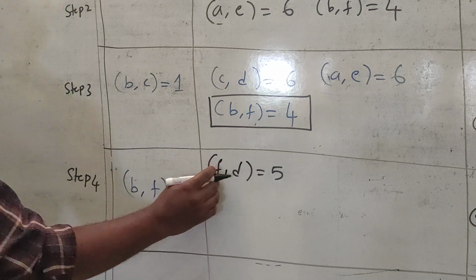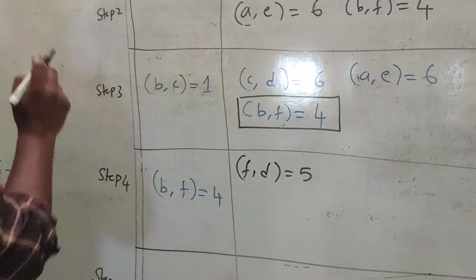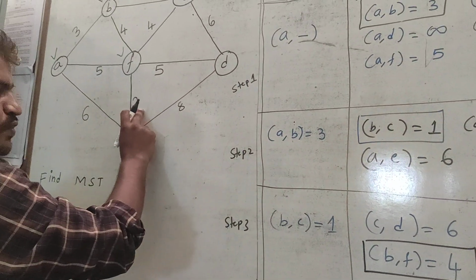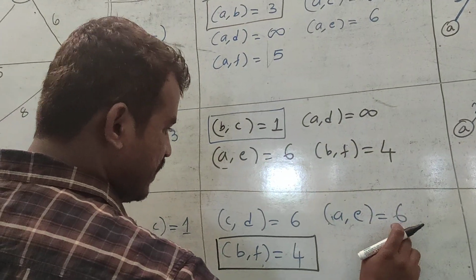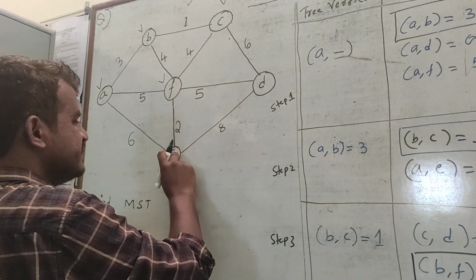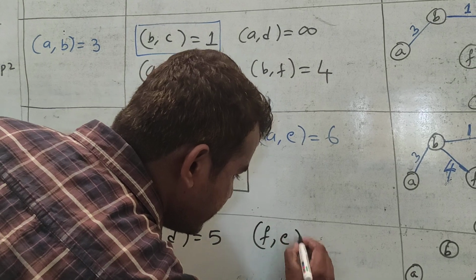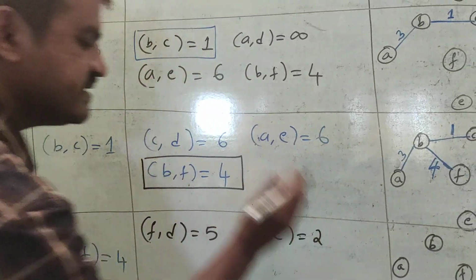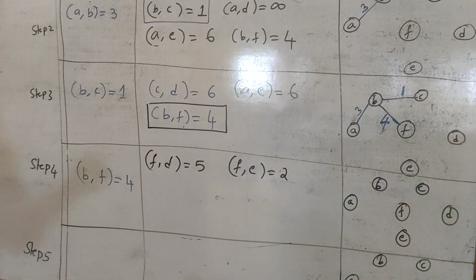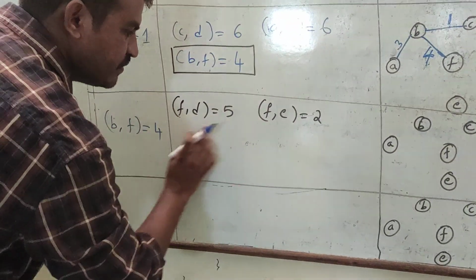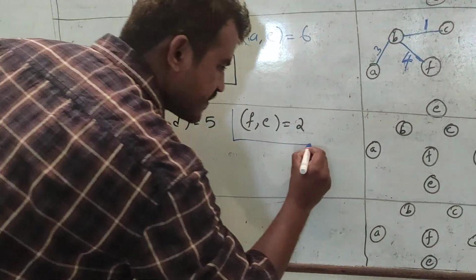Next, F to E is 2. A to E is 6, the earlier value. Then F to E is lesser. You write F to E is 2, lesser than 6. Update it. Then within these two edges, which is lesser? This is lesser.